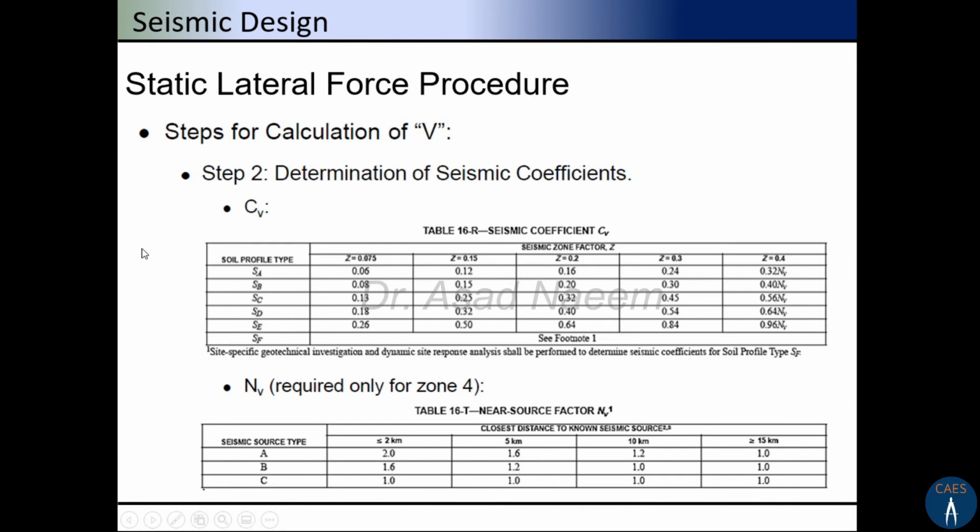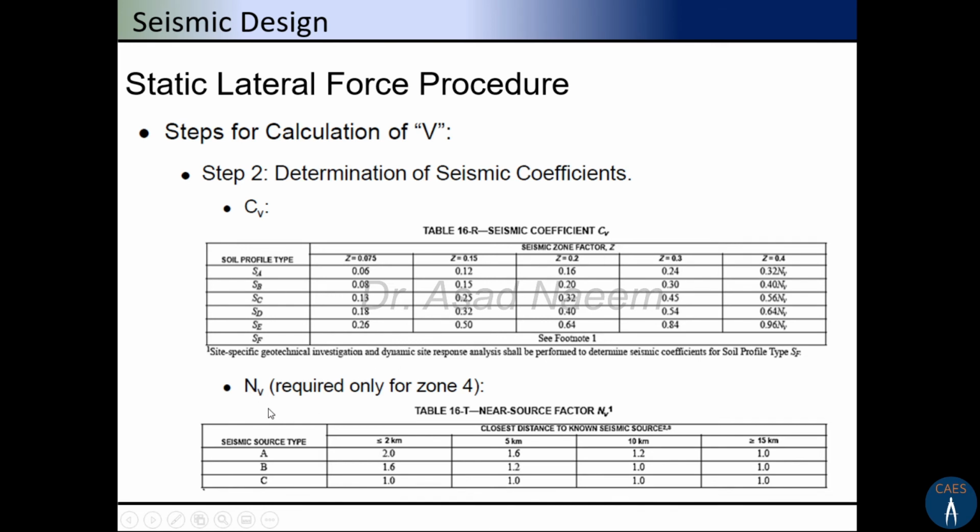And then further, to calculate the seismic coefficients for seismic zone 4, we have these factors, which are soil type profile, Z factor, and then further we can calculate the Cv factor, which is the seismic coefficient for velocity.